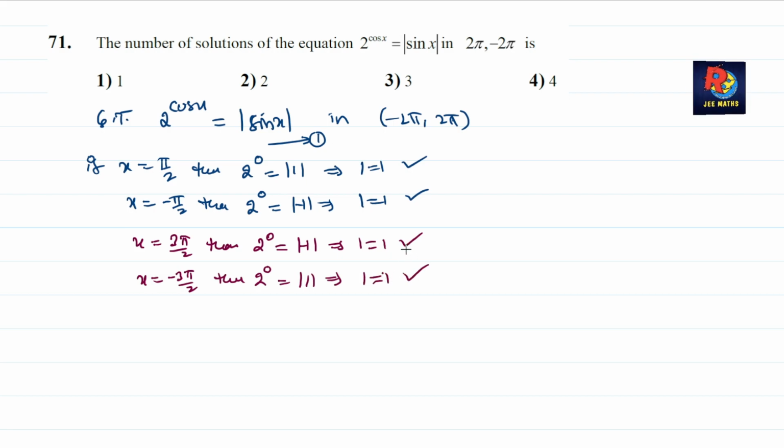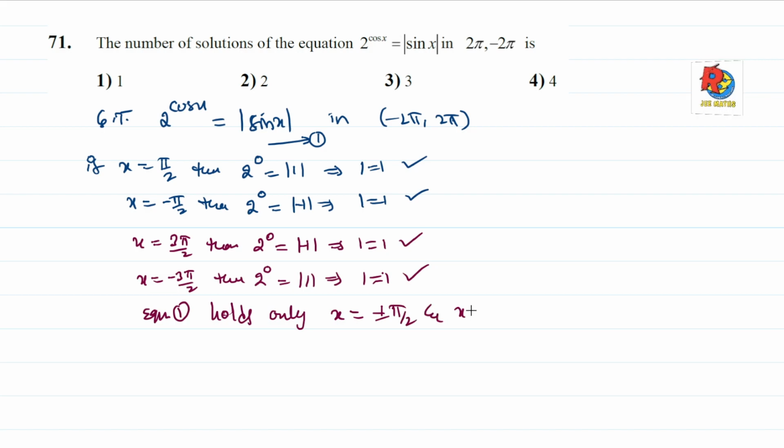That means the equation holds only for x equal to plus or minus pi by 2 and x equal to plus or minus 3 pi by 2 in minus 2 pi to 2 pi.